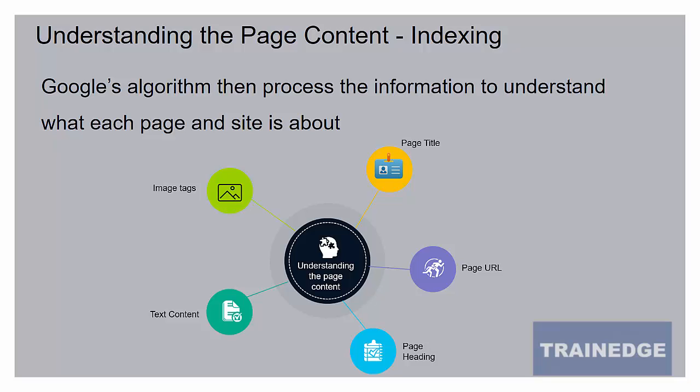And therefore, we should create alt text which describes the image. And if we include the keyword, then it will help the search engines understand the content of the page a little better. So your indexing will improve for the targeted keyword.